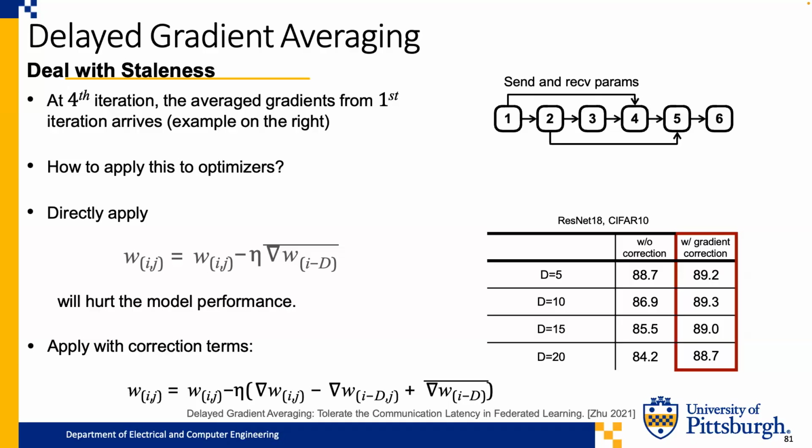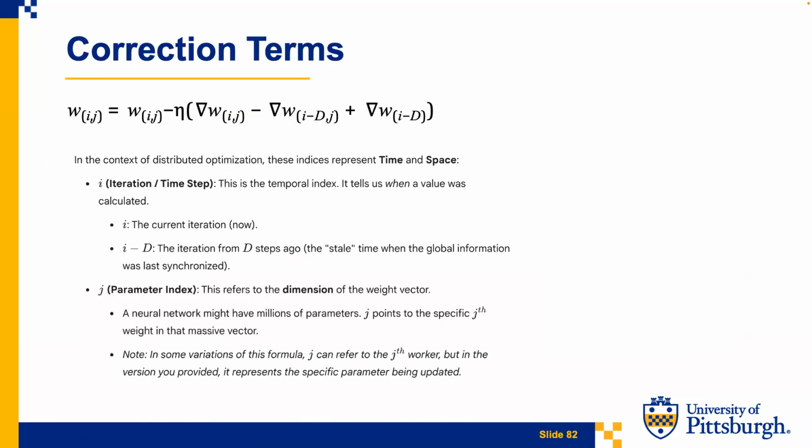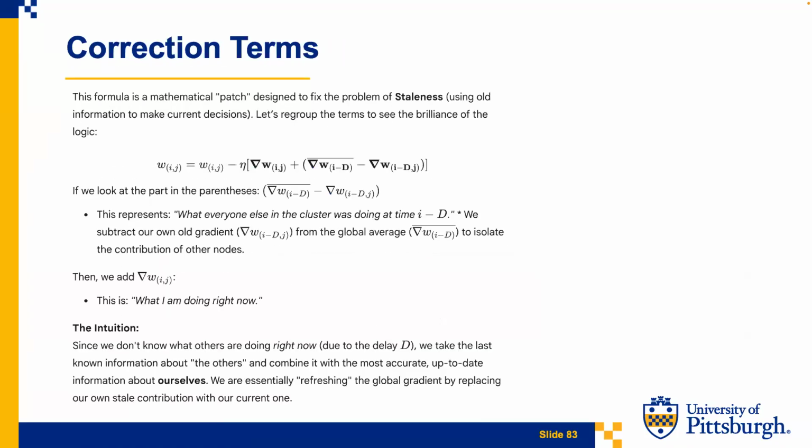By doing this, I get the gradient from you guys. Even though I got a stale gradient, I'm assuming you made similar progress as I did during these steps. Make sense?